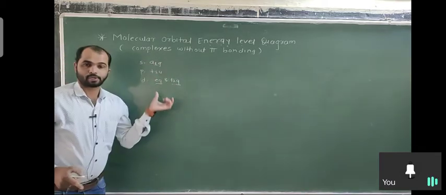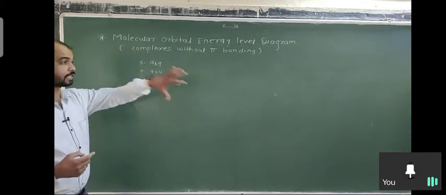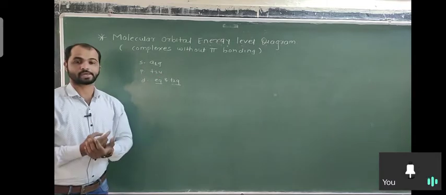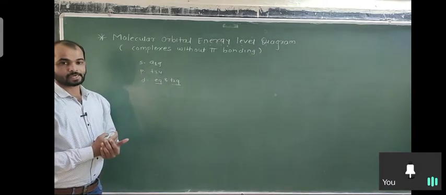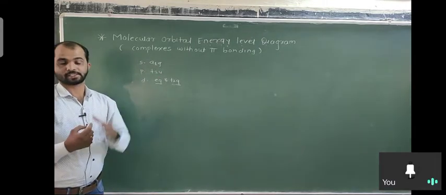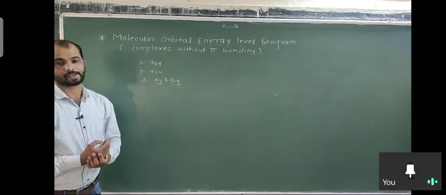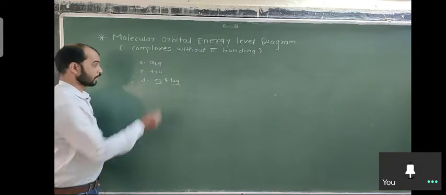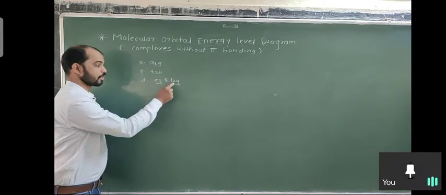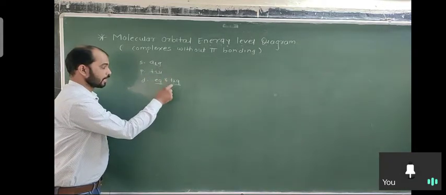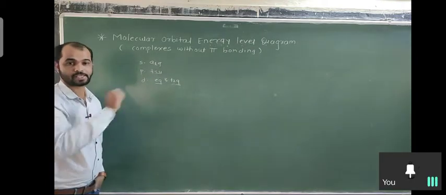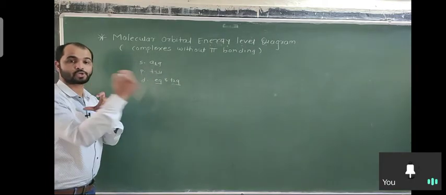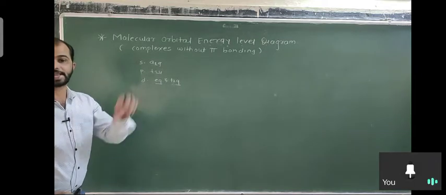The metal contributes these orbitals. The ligand also contributes the same kinds of orbitals, but the ligands are pointing along the axis. So the ligands contribute A1g, T1u and Eg, not T2g, because ligands pointing on the axis interact with those orbitals which are oriented on the axis.